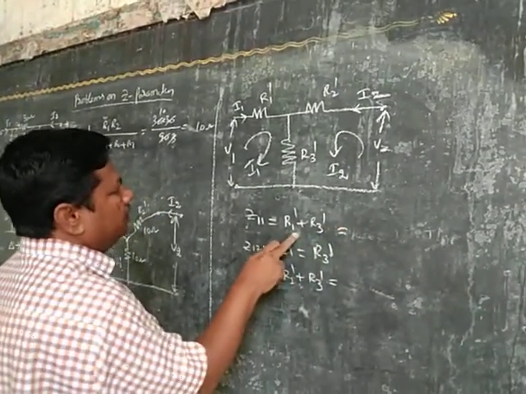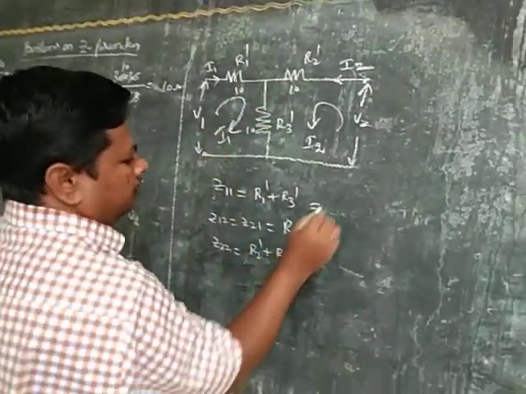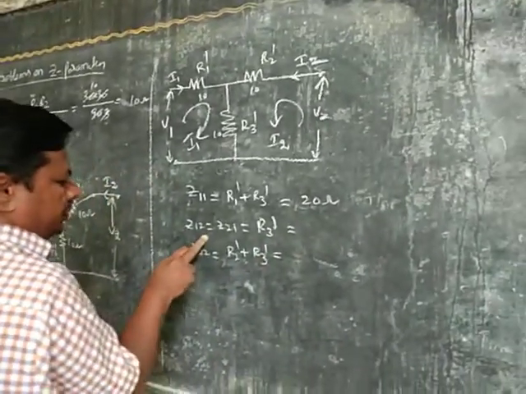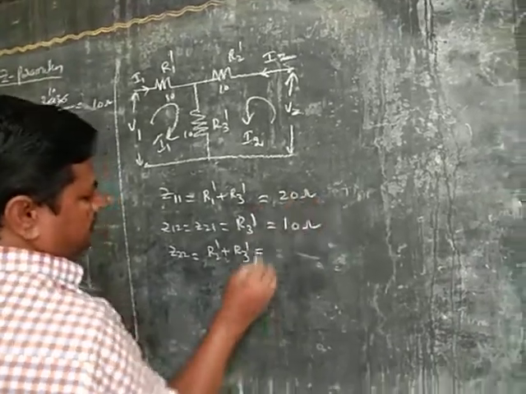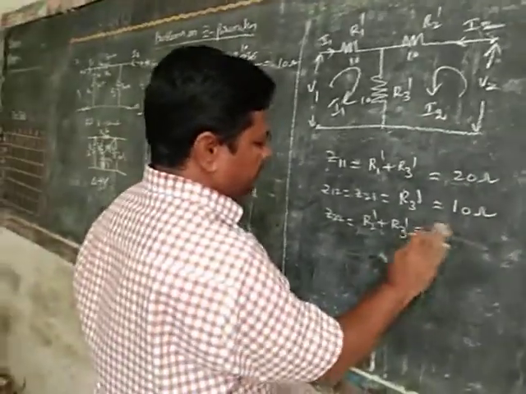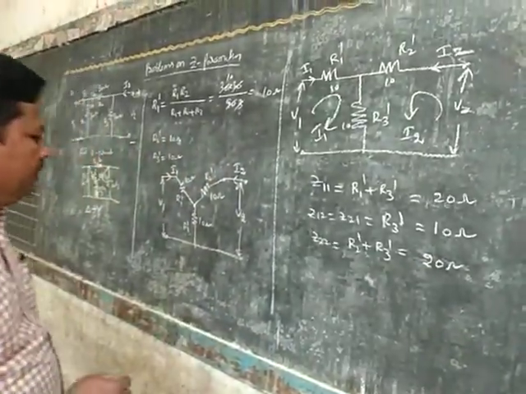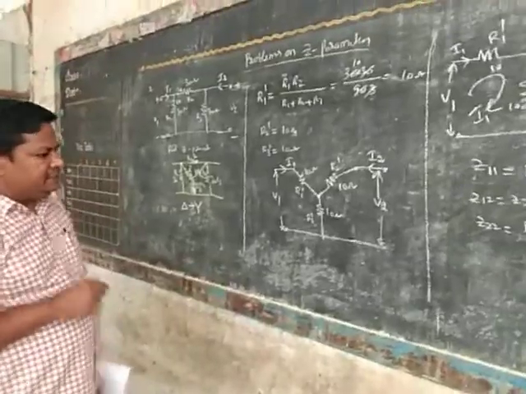So all are the same values, 10, 10, 10. Here it is 20 ohm. Here Z12 is equal to Z21, that is equal to R3 dash, 10 ohms. Here also 10 plus 10, 20 ohms. This is the simplest procedure to calculate Z parameters.